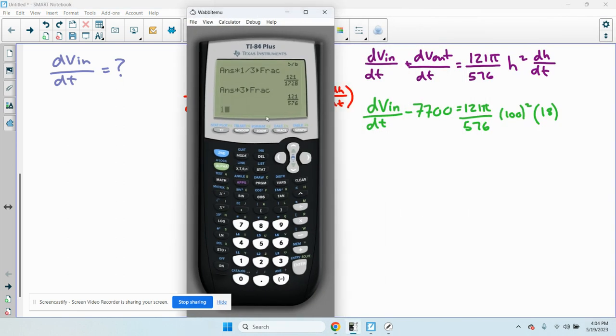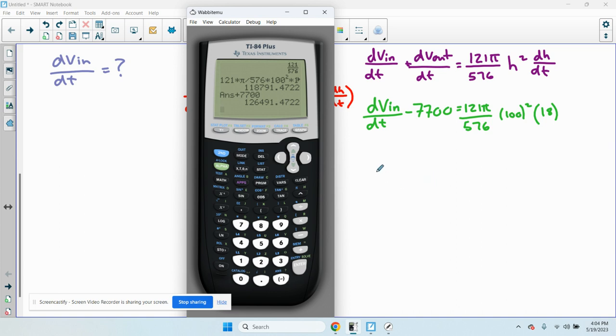So I'm going to do 121 times pi divided by 576 times 100 squared times 18. That's this whole thing. And to get dv in over dt by itself, I'm going to add 7,700 to both sides.